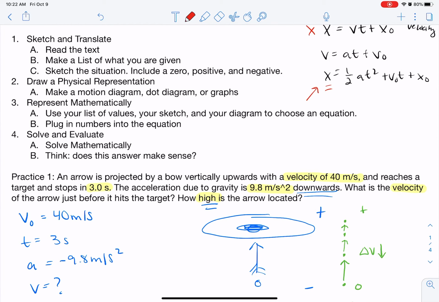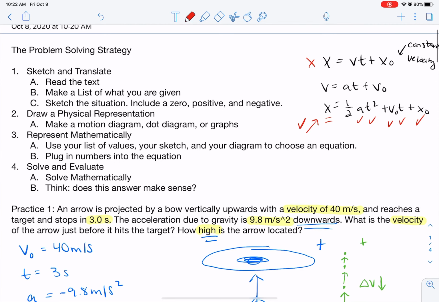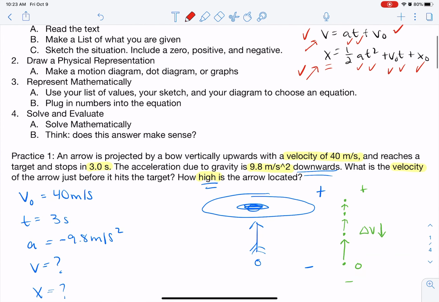Let's see. I have my acceleration, my time, my starting velocity, and my starting position. Okay, then I can use this one. Can we use the other one? I have my starting velocity, my time, and my acceleration, so I can use this one too, which is great because I'm looking for both the velocity and the position.